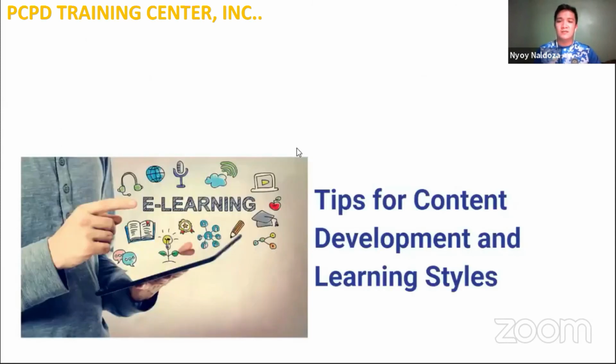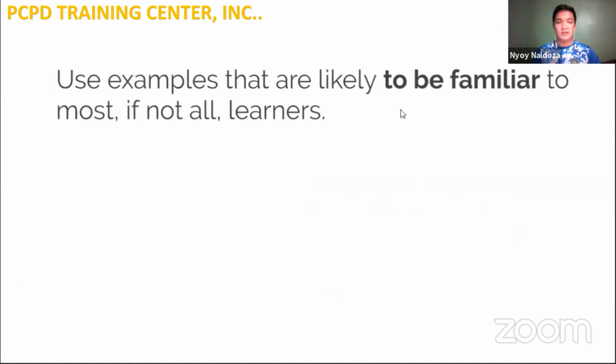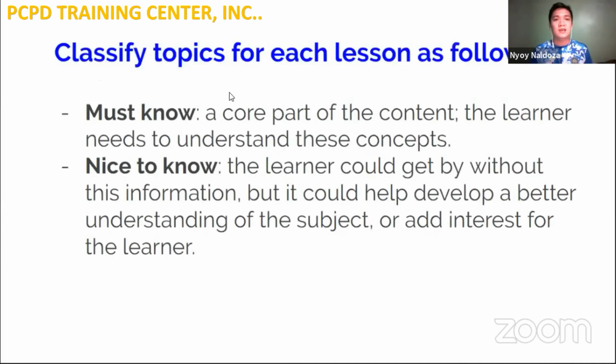Now, in terms of content development and learning styles, use examples that are likely to be familiar to all learners. Anything patterned on the maturity of the student and the grade level should always be familiar to them. So classify topics for each lesson as follows.